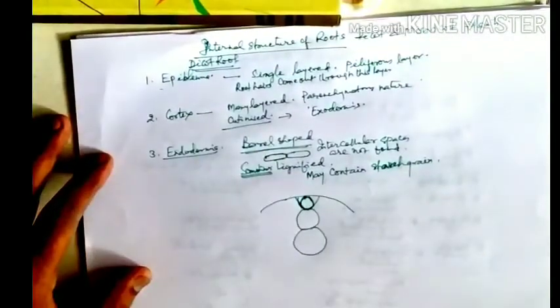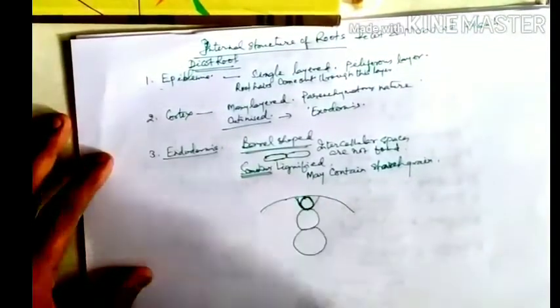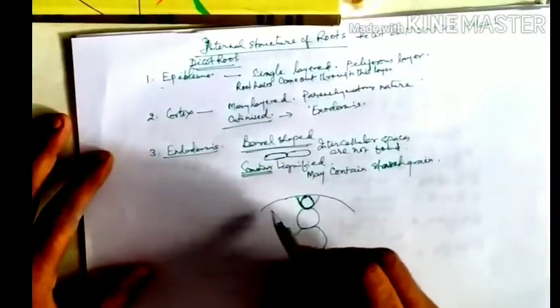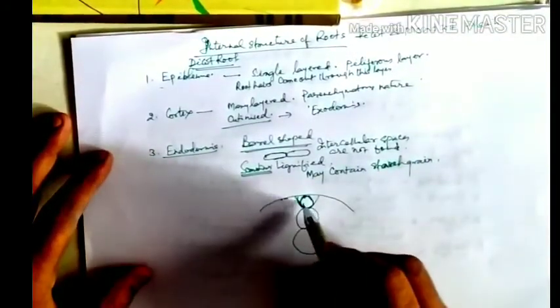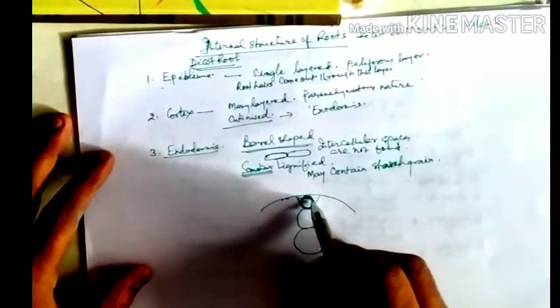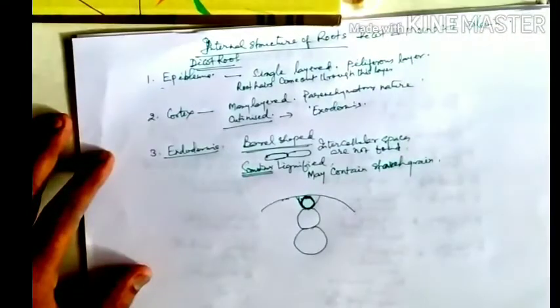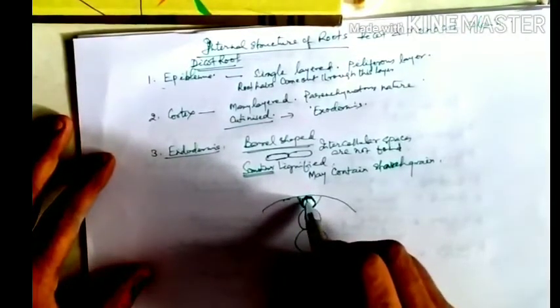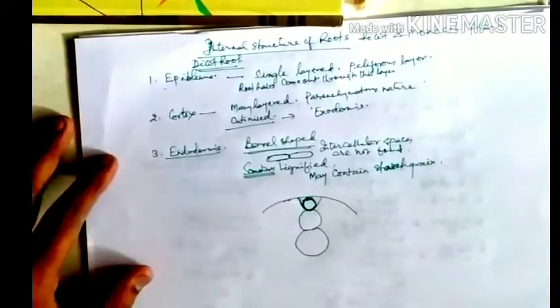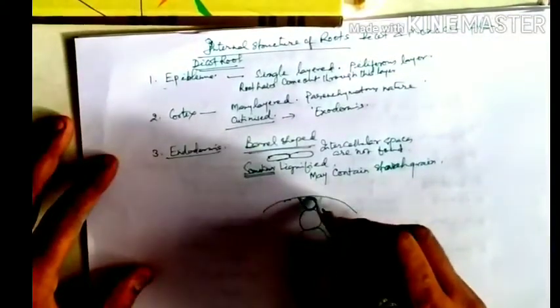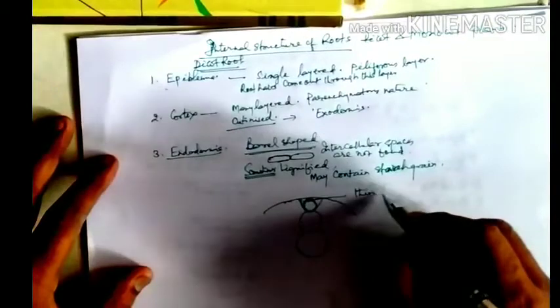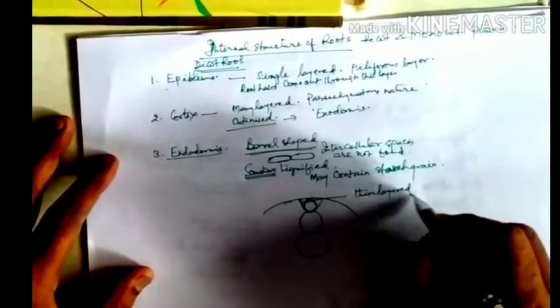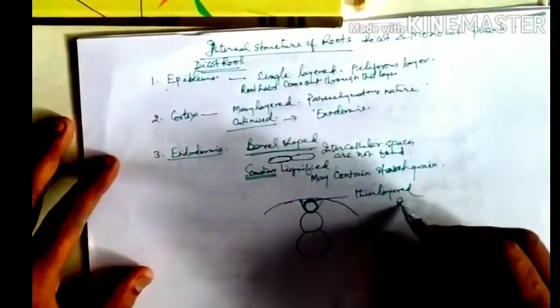Such an arrangement is termed exarch. So the endodermis cells abutting the protoxylem are thin layered, and these cells make passage cells.